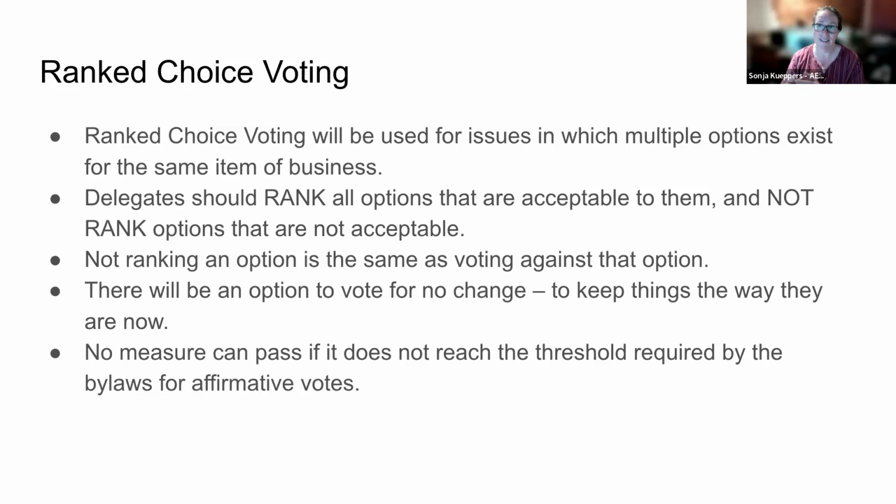If someone objected to the amendments that have been received to the bylaws amendments, then we'd have to include both the original version of that proposed bylaws amendment and the amended version, and you would be expected to rank them or to vote, no, I don't like any of these options. So those are the things on which you would be asked to do ranked choice voting.